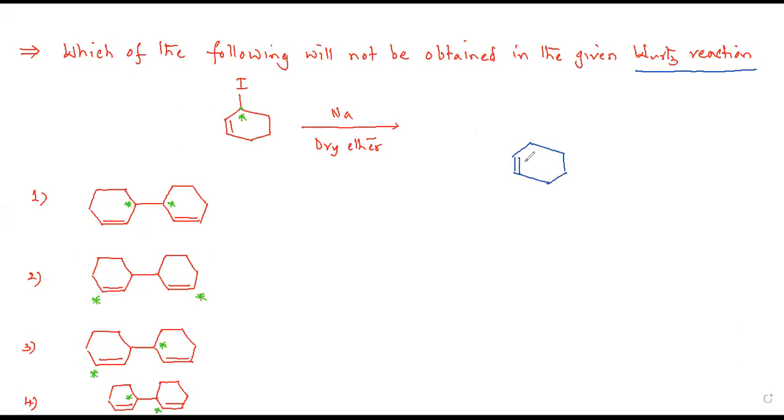Let us go with the free radical mechanism. Say this particular bond undergoes homolytic fission, upon which we get a free radical.